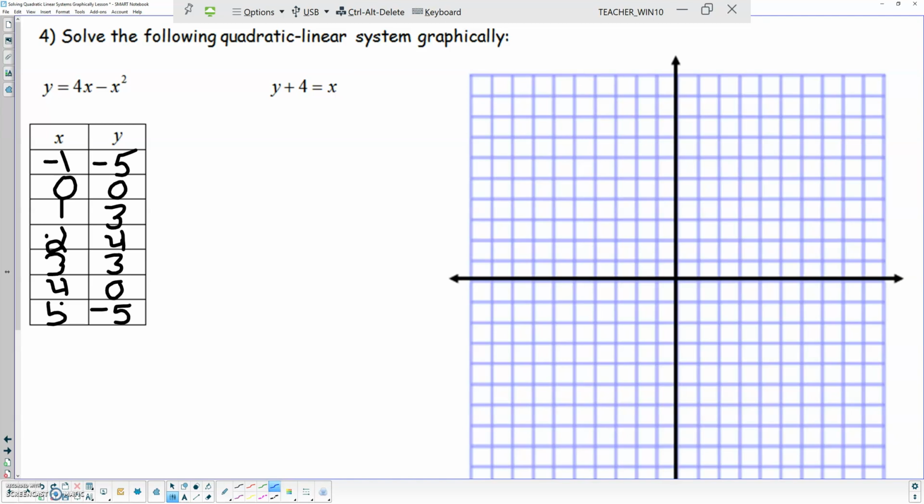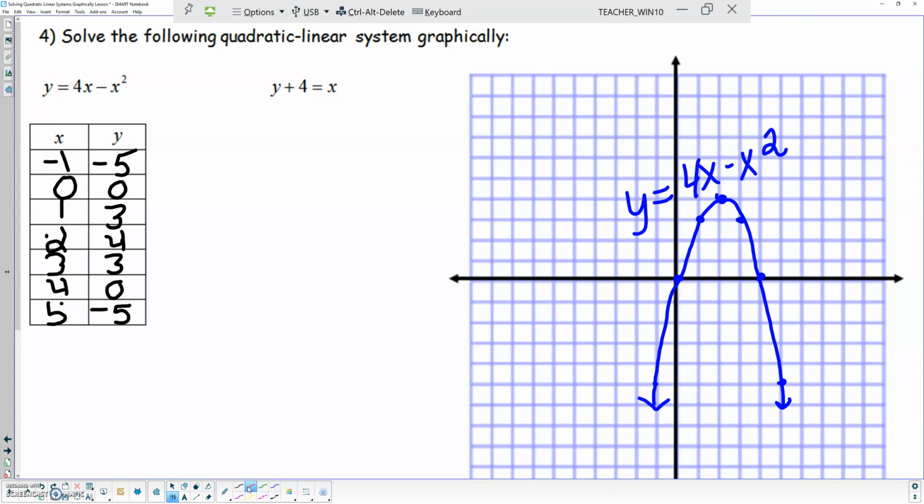Okay, so -1, -5, 0, 0, 1, 3, 2, 4, 3, 3, 4, 0, and 5, -5. Okay, so we got y equals 4x minus x squared.